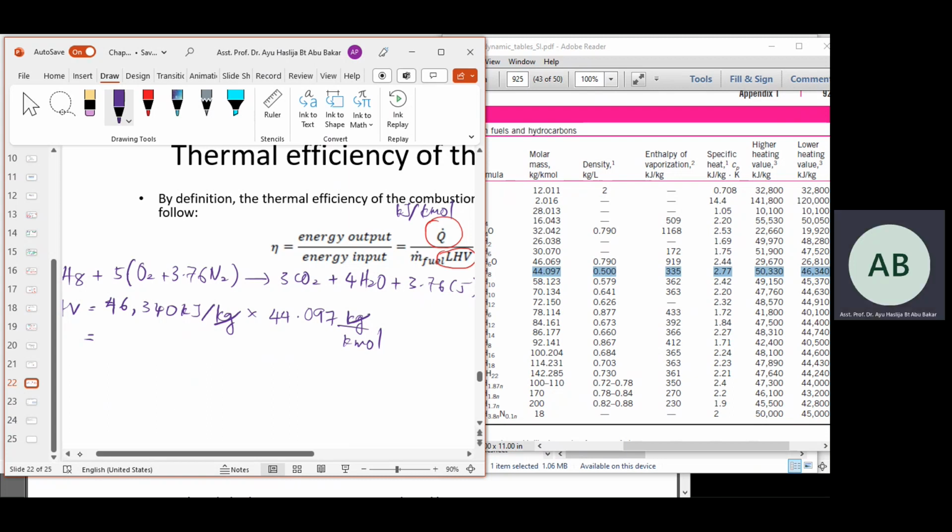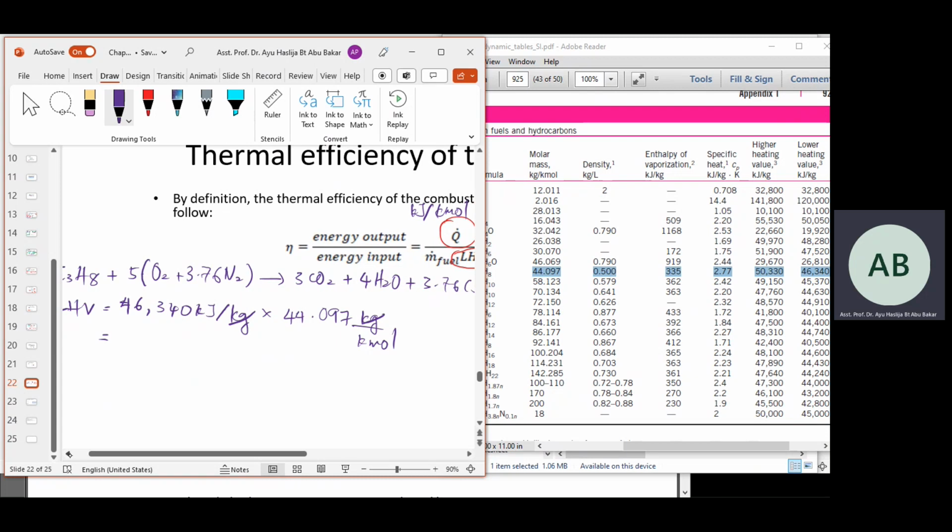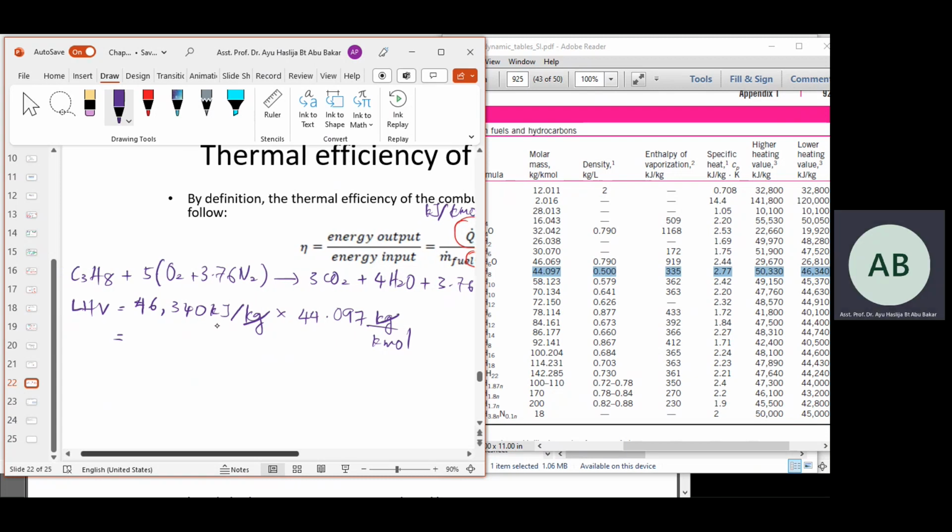What do you get for LHV using the inputs from the table? The LHV multiplied by the molar mass.